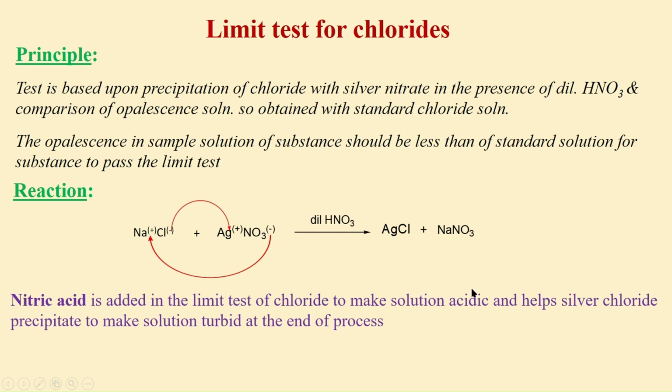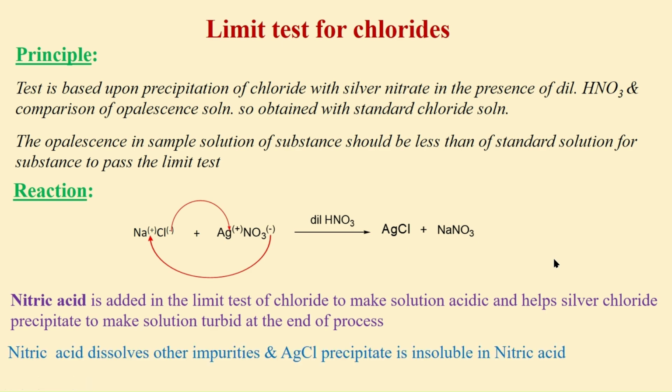That's why we use dilute nitric acid to increase the acidity of the reaction mixture, so that all the silver chloride present gets precipitated and the sodium nitrate formed as the byproduct gets dissolved in the water. It dissolves other impurities and only precipitates silver chloride. It increases the specificity of the reaction.